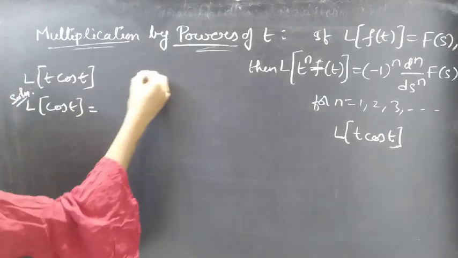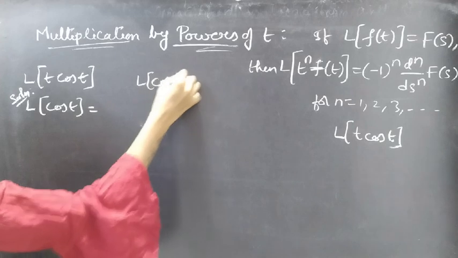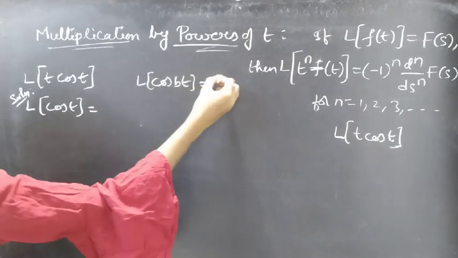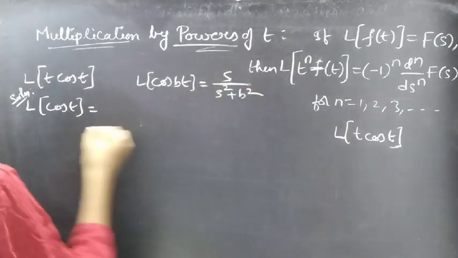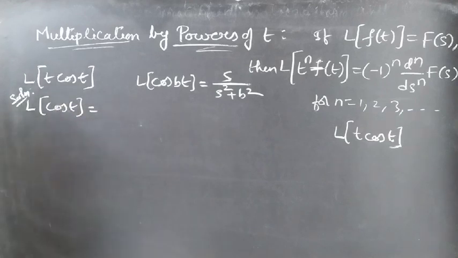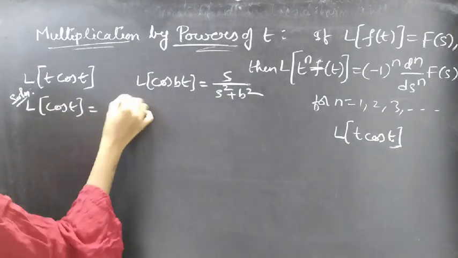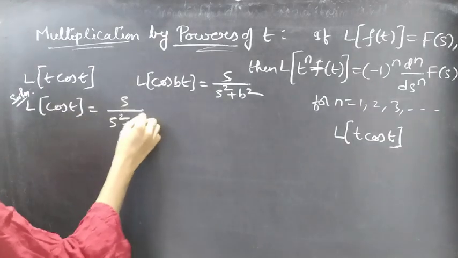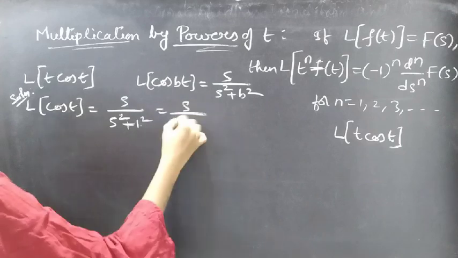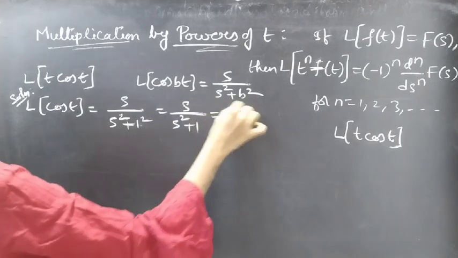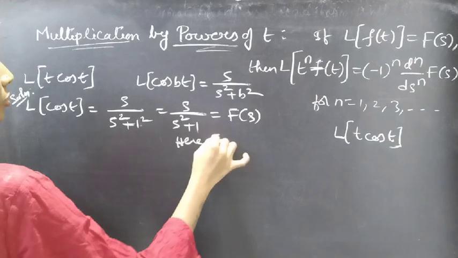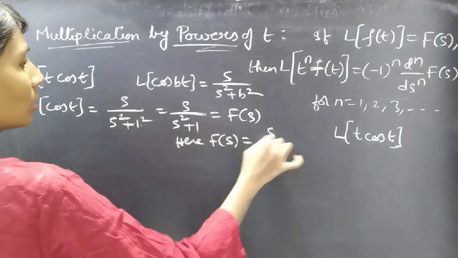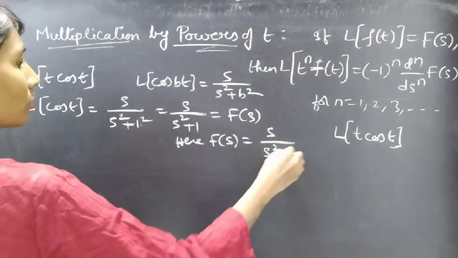Here we are going to apply the L of cos bt formula, which is s by s square plus b square, right? Then for b equal to 1, we'll get L of cos t equal to s by s square plus 1 square, which is s by s square plus 1, which is our f of s. So here our f of s is s by s square plus 1, right?